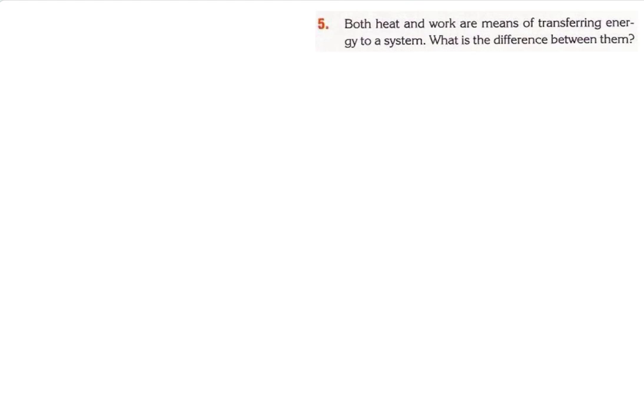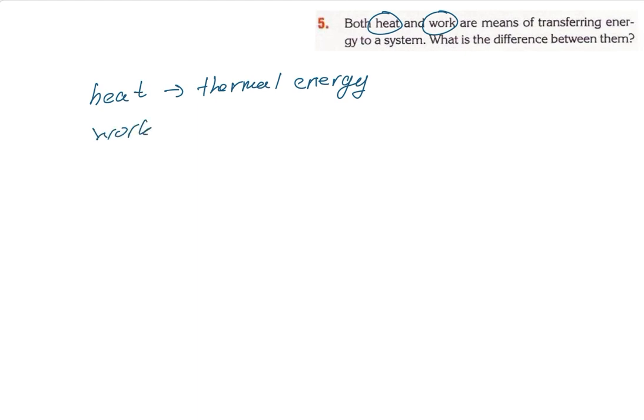Question 5. Both heat and work are means of transferring energy to a system. What is the difference between them? So here we're talking about heat and work. Heat is thermal energy, but work is mechanical energy.